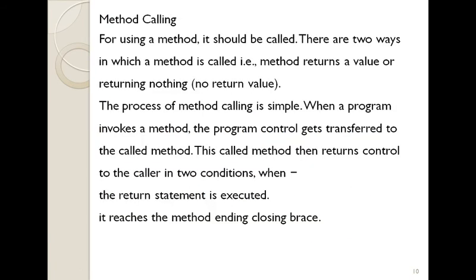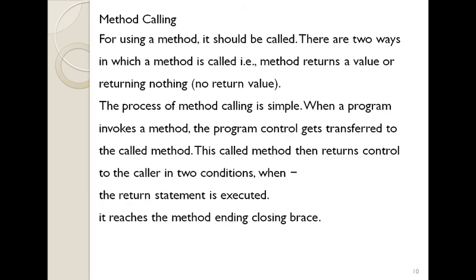Now, how is a method called? For using a method, it should be called. There are two ways in which a method is called: the method returns a value or returns nothing, that means no return value. The process of method calling is simple. When a program invokes a method, the program control gets transferred to the called method.